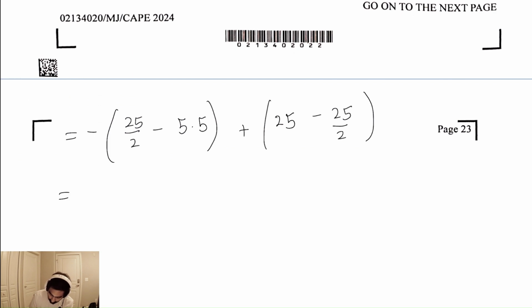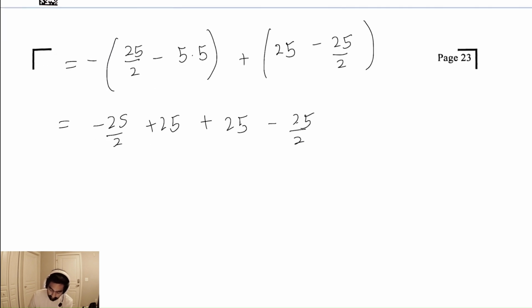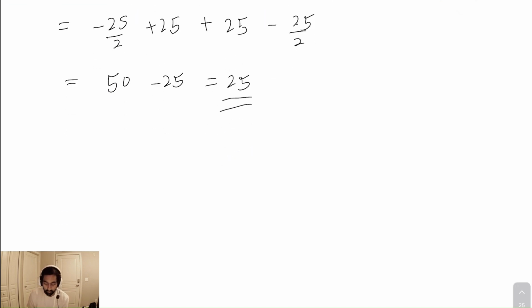Okay, so in total it's minus 25 over 2 plus 25 plus 25 minus 25 over 2, which is 25 plus 25 is 50, minus 25 is just 25. So the total area bounded by these two curves is 25.